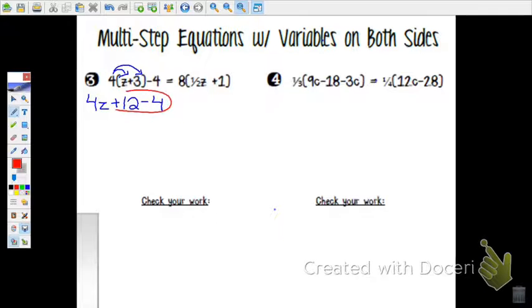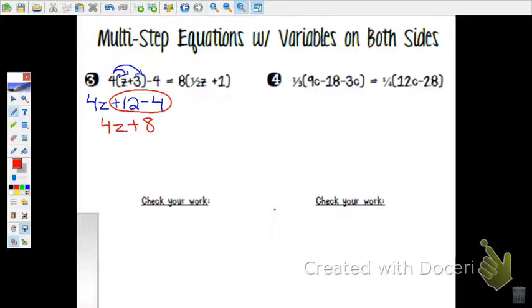Then just on that side, I can combine like terms: 4z plus 8. So just clean things up on the left side, much easier to work with when I just have 2 terms.